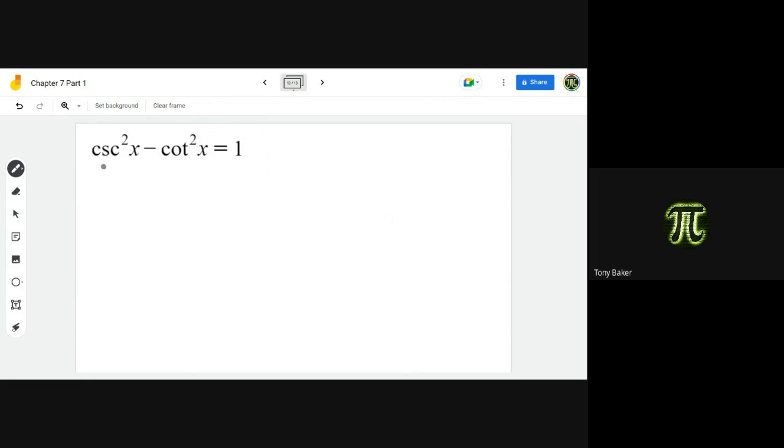Okay. So this becomes cotangent squared x plus 1 minus cotangent squared x equals 1. And then the cotangent squared x's cancel out, which is just 1. 2 steps, right? Okay.